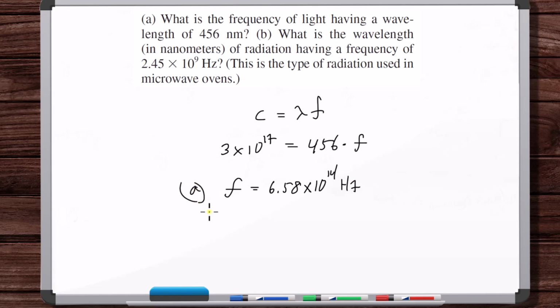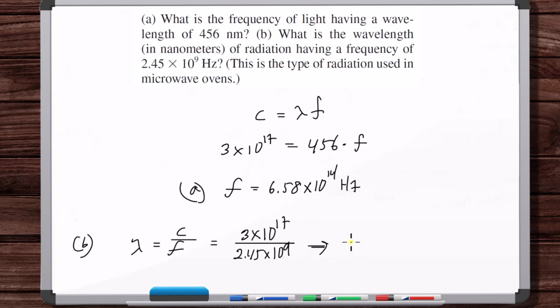Okay, part B. The wavelength is going to be the speed over the frequency. The speed is constant. Oh, they want it in nanometers, so let me put it into 3 times 10 to the 17th. That's nanometers per second, the speed of light, and then divided by 2.45 times 10 to the 9th.